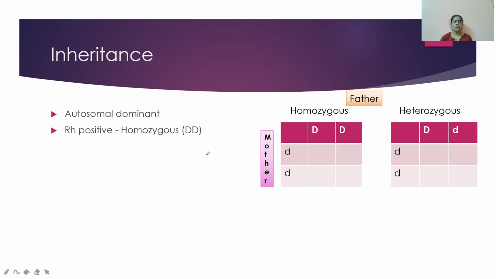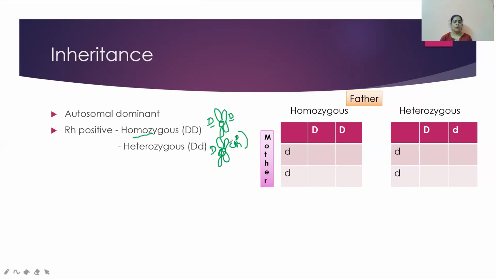Rh positive individuals can be either homozygous, meaning that on chromosome number 1 both arms contain the D gene, or heterozygous, where one arm contains the D gene and it is absent in the other arm.